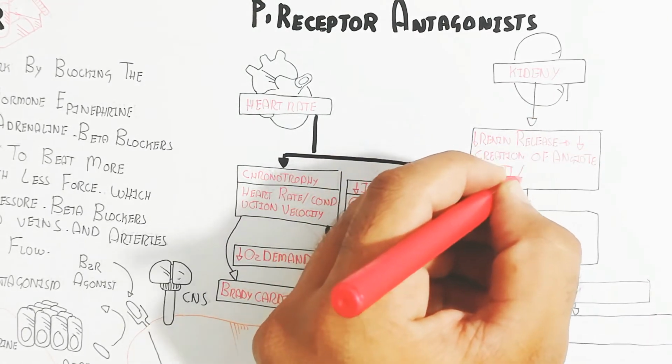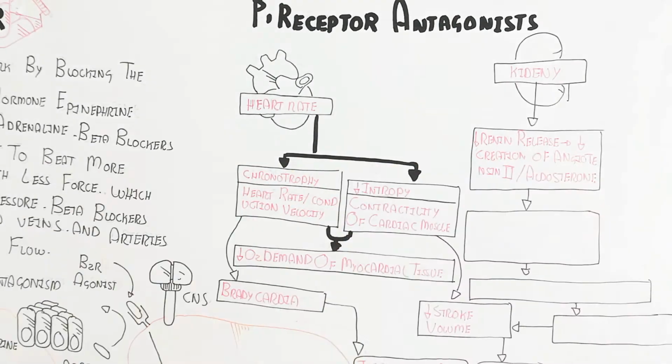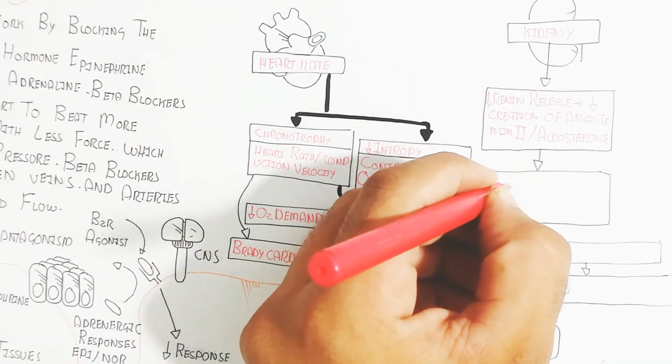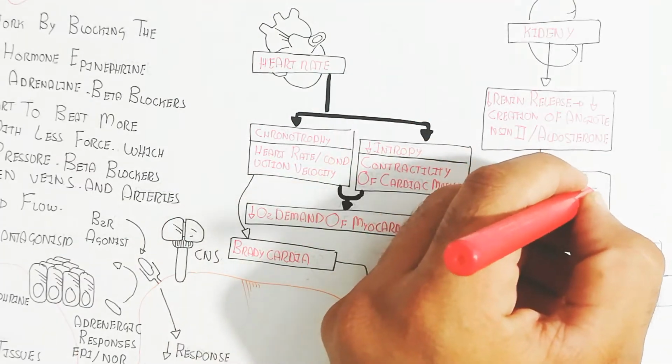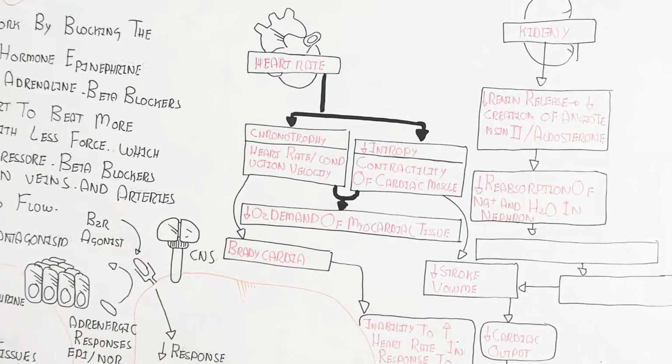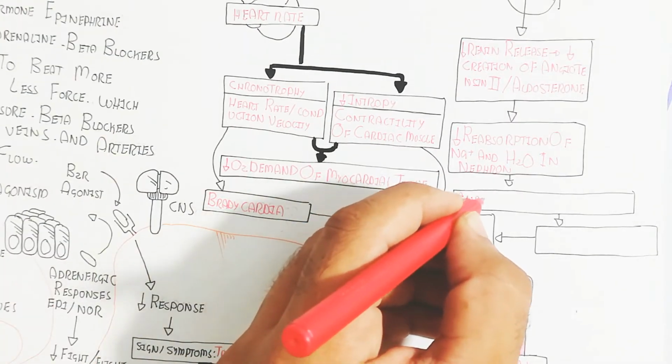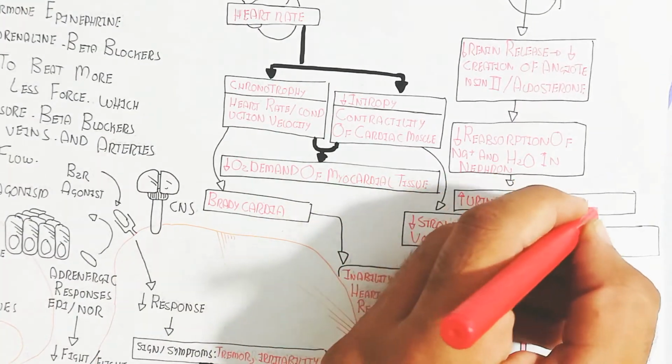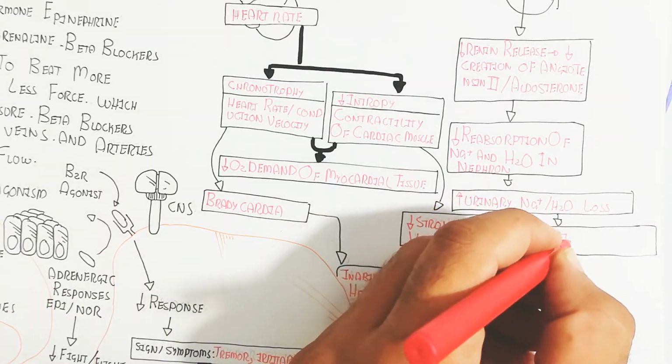On the other hand, in the kidney, the renin release decreases, which leads to decreased creation of angiotensin 2, and in this way the aldosterone also decreases.